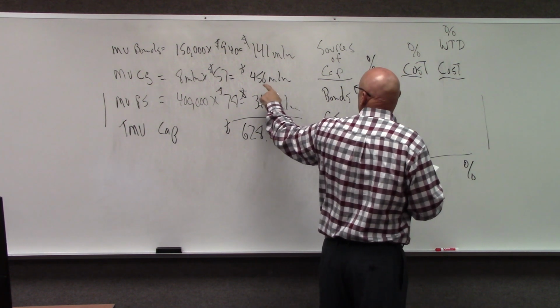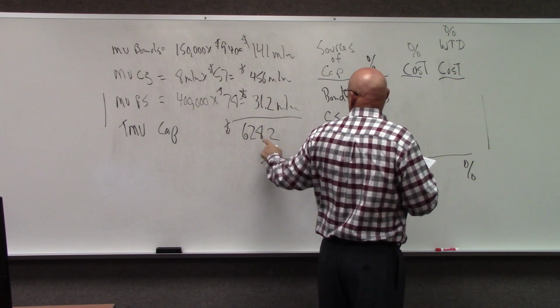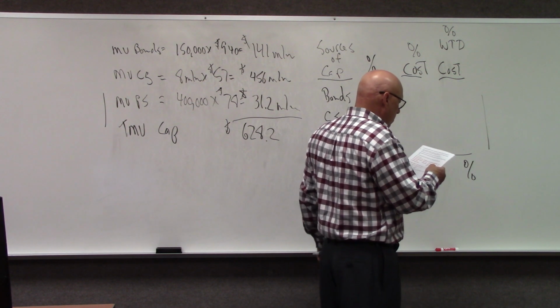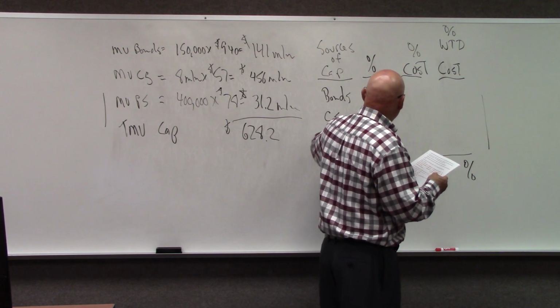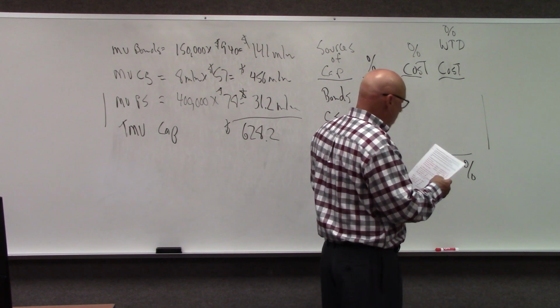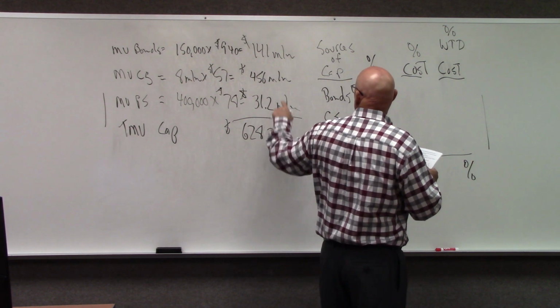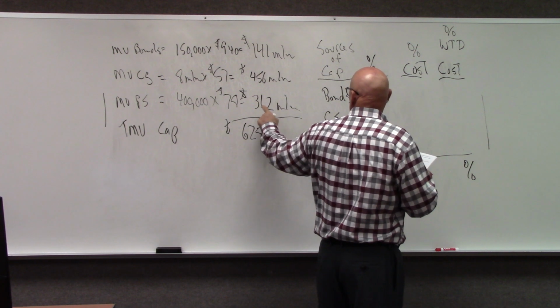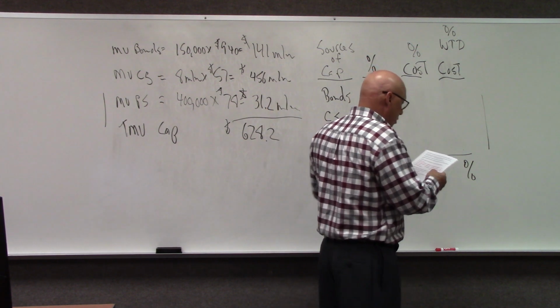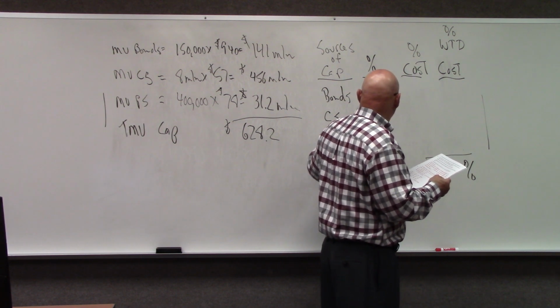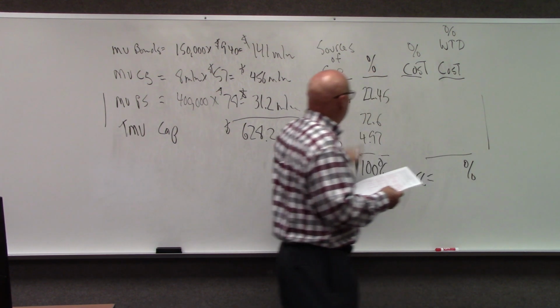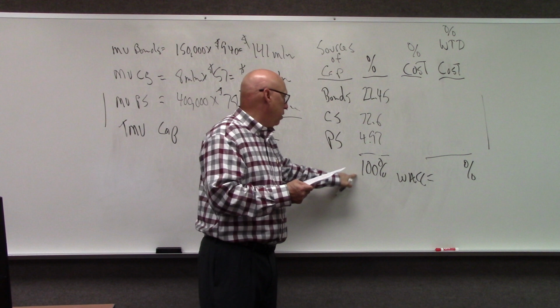Our common stock is 456 divided by 628, and we have 72.6% in common stock, and our preferred stock is 31.2 million divided by 628.2 million, and that is 4.97%. So we add that plus that plus that, we better get 100%.